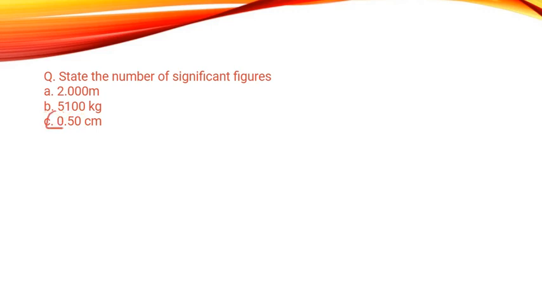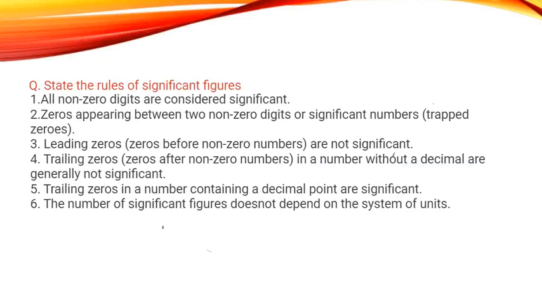So how many significant figures? 2. Okay, so you can write your answer like this. There are 2 significant figures, and what are those significant figures? This 5 and this 0. This 0 which is before the decimal is an insignificant figure because of this leading zero.